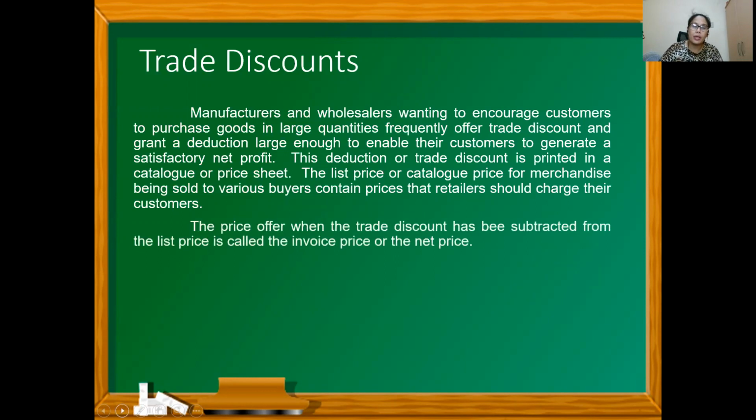So that's why the price offer when the trade discount has been subtracted from the list price is called the invoice price, also known as the net price. In our discussion, we will be using net price instead of invoice price, and list price instead of catalog price.